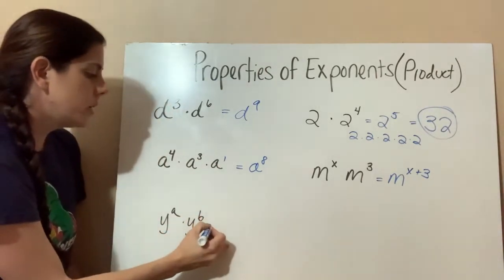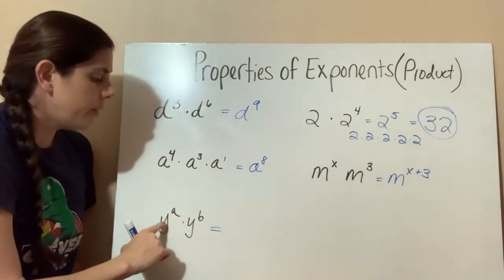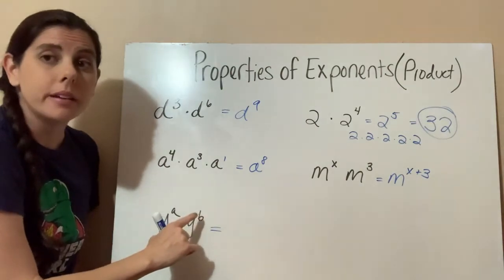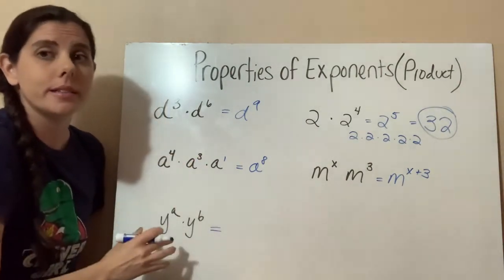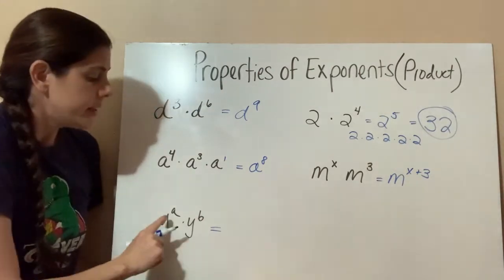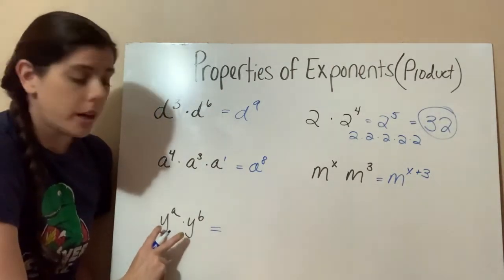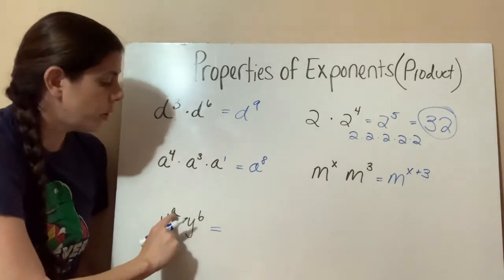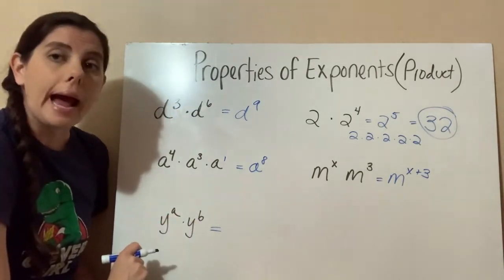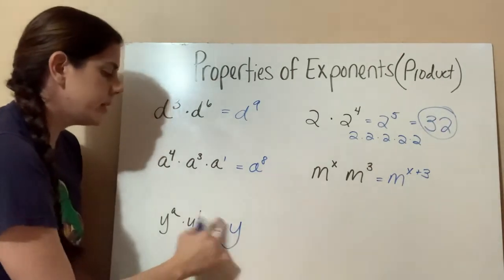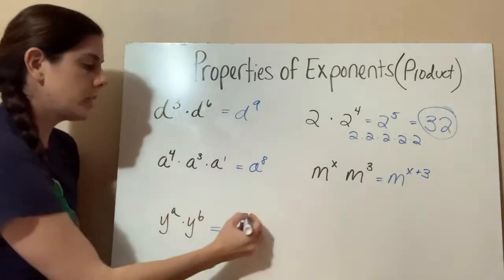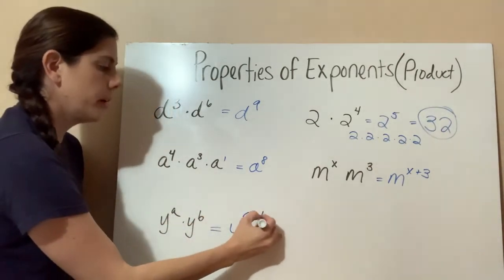So our next one, look at this, we have y to the a times y to the b. Now, everything's variables. We don't have any number in this expression here. So our bases are both variables, but they are the same. So again, all we're going to do is add the exponents. So a plus b.